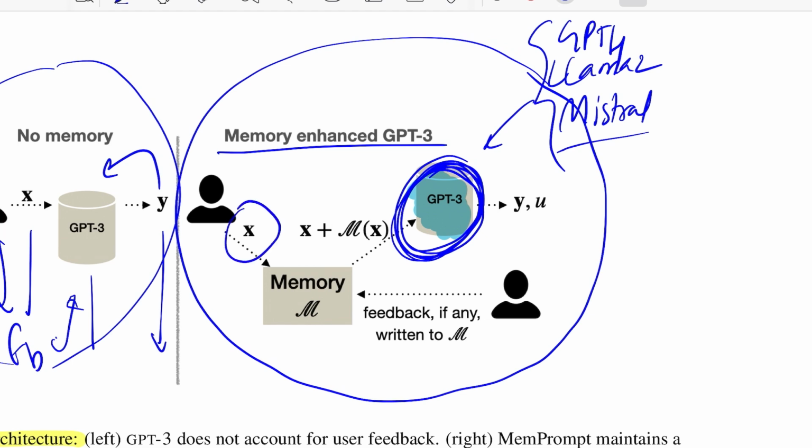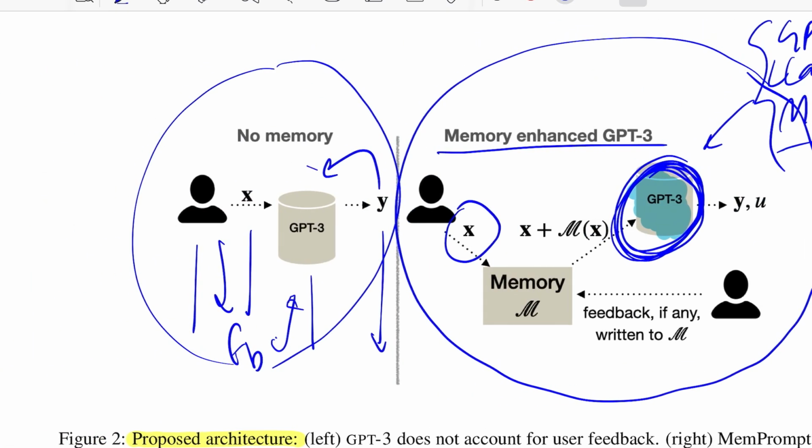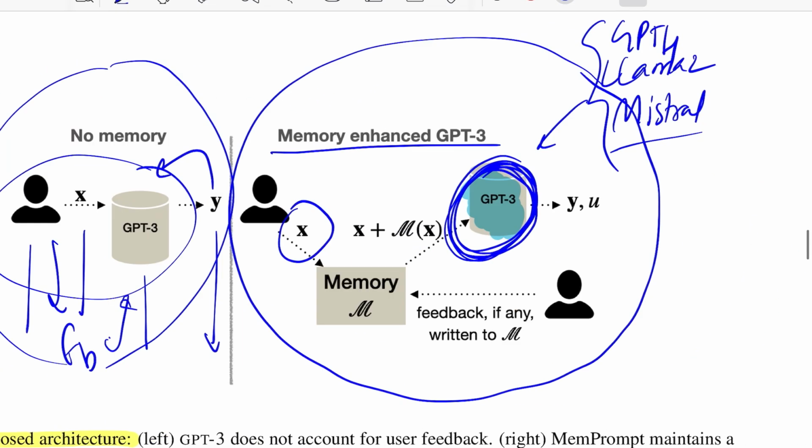So now when you ask a query, instead of it directly going to GPT-3, as was happening in the previous case, it goes to a memory called M, which is nothing but a key value pair where the key is any question that the user asked at any time before this, let's say t minus 1, t minus 2, or t minus k.